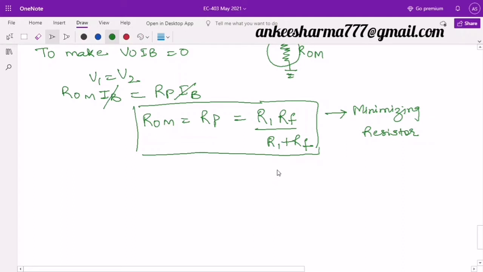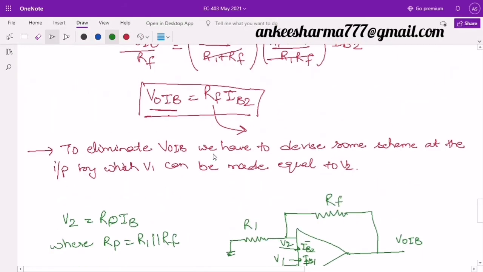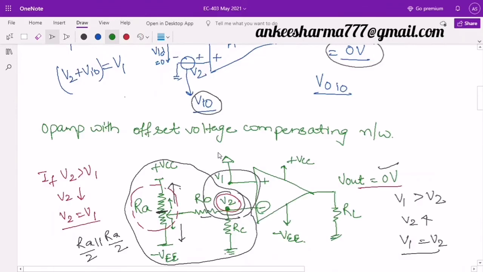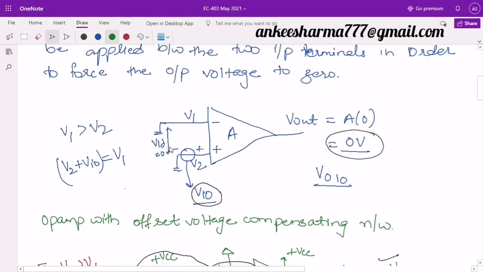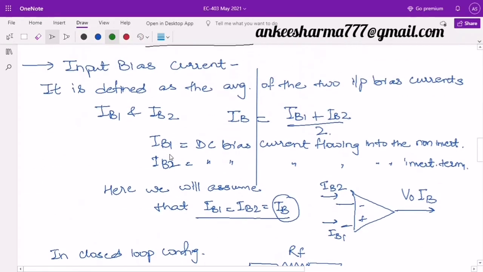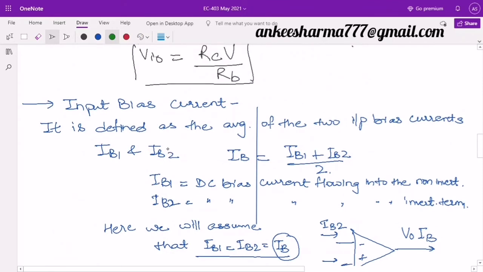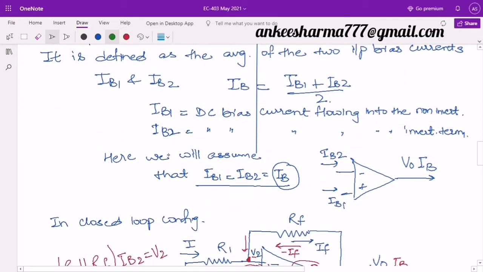Now what is this input offset current? In the first case we discussed input offset voltage. We said the currents are all the same, but only the biasing voltages made the difference between the two voltages at the inverting and the non-inverting terminal. In the second case we said that there is input bias current. These are two different currents, IB1 and IB2, which are there at the input terminals of an operational amplifier.